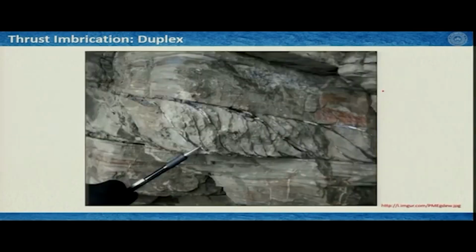So here is an excellent example from the same page from where I took this animation. Looking at it, you can clearly identify from this illustration that this is certainly a thrust plane, and this is your floor thrust.